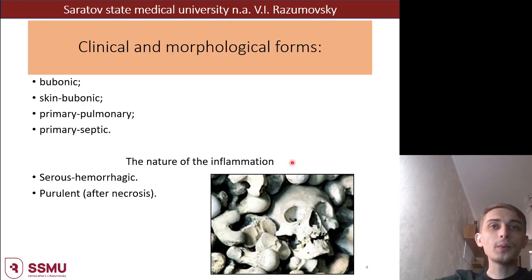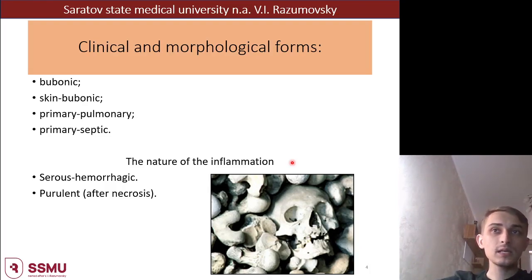There are four main forms of it. We have the bubonic one, which is associated with formation of buboes, and the skin bubonic form. In case of skin bubonic form, we may see not only buboes formation, but also changes in the area of bite in the skin, and some anatomical manifestation I will show you later.